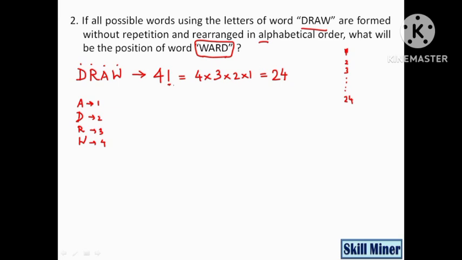Since the total possibility is 24 and the total letters are 4, from each starting letter we can form 6 words. Starting from A, 6 words are formed. Starting from D, 6 words are formed.